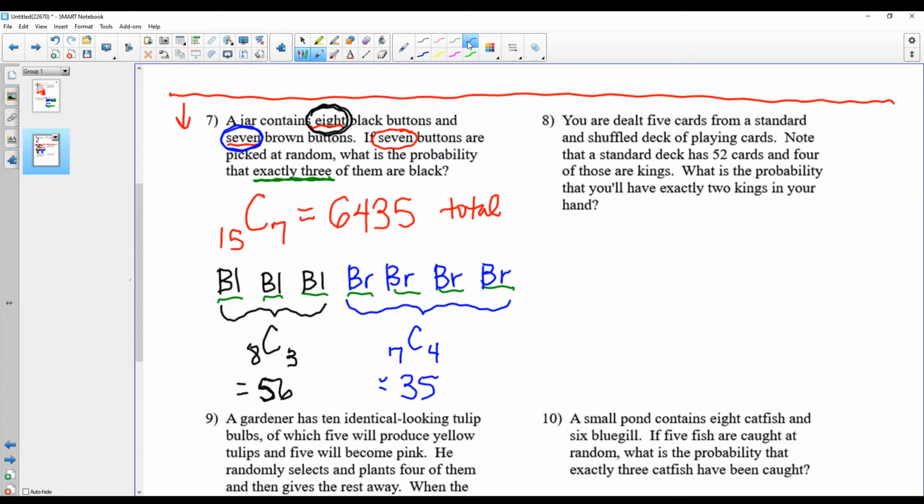Now they could be all mixed up. I don't have to have 3 black in a row and 4 brown in a row. I could have black, brown, but they could be mixed up. So we want to think about if we're sort of pairing up all of our 56 possibilities with all 35 possibilities, how many possibilities is that altogether?